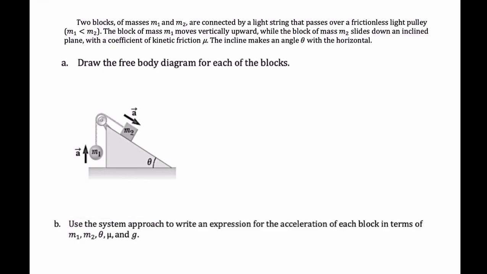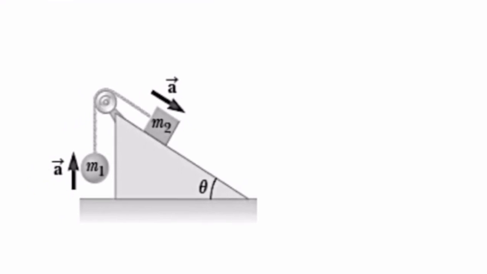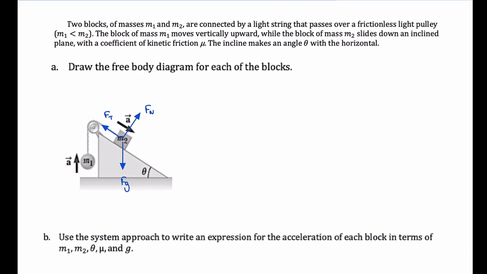I start with mass 2, and on mass 2 there is a force of gravity. There is not an applied force towards the inclined plane, but there is a normal force from the surface of the inclined plane, and there is a tension in the direction of the rope, and we need to understand what is the direction of the motion.